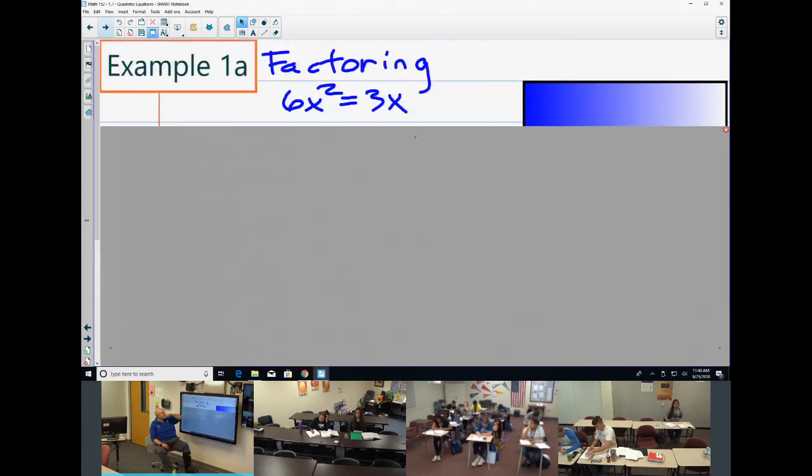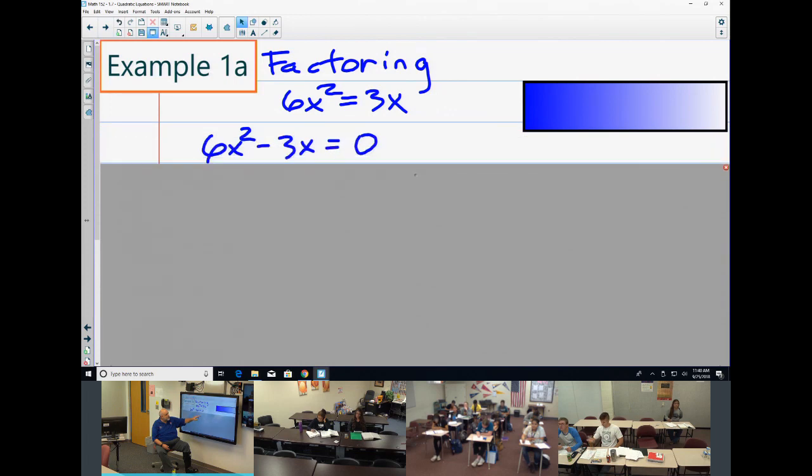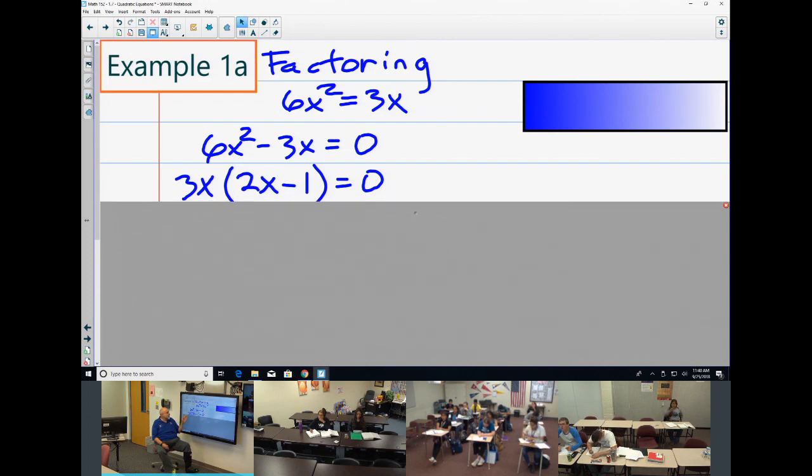But you have to set it equal to 0 before you can solve it. All right? So, for example, if I want to solve this, then the first thing I need to do is bring the 3x over. So subtract 3x to set it equal to 0. Okay? Now, look for a GCF. So factor out 3x, and I have 2x minus 1.